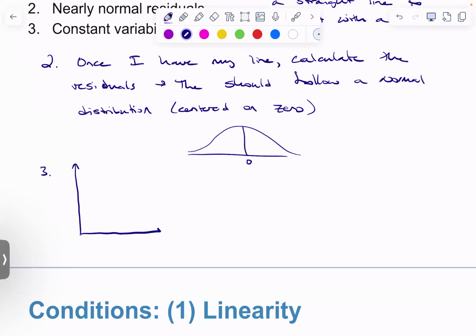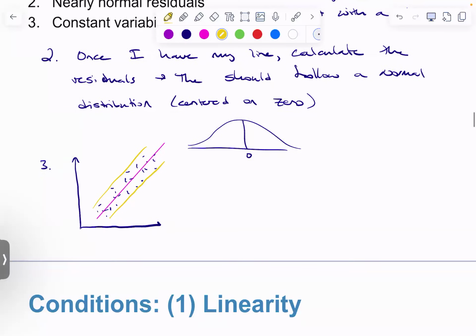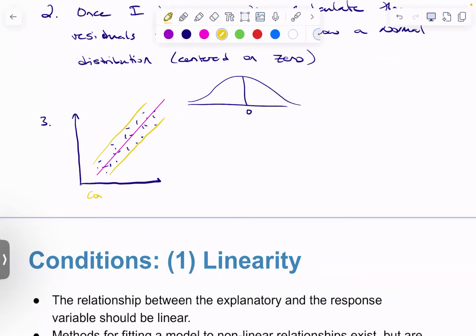If I have a relationship that looks like this, and I fit a line of best fit here, this is what we call constant variability. Okay? And so here we've got these kind of bands, and this is constant variability.